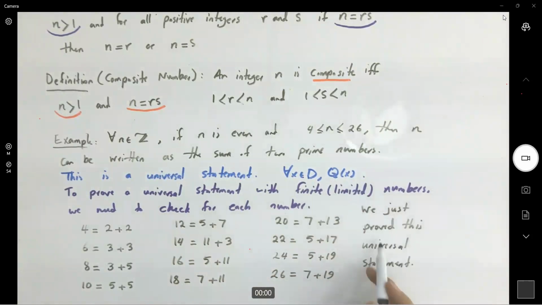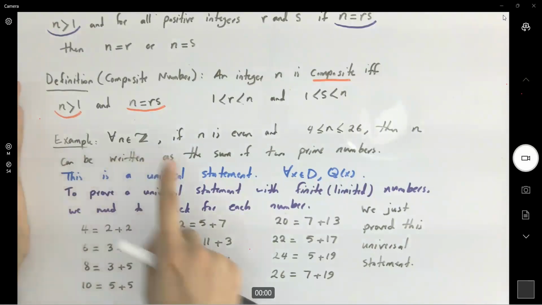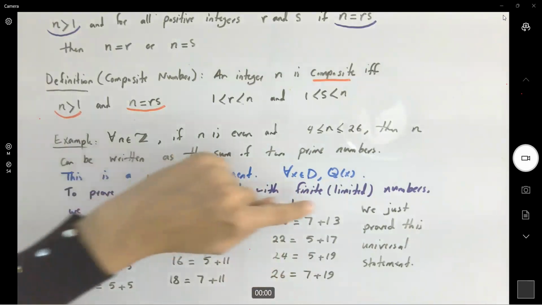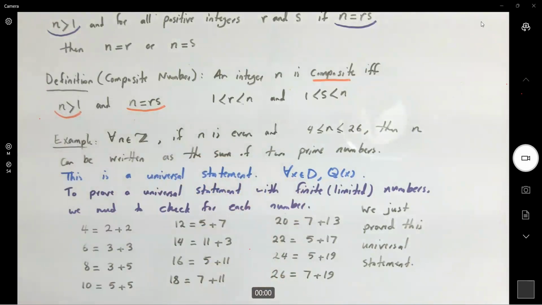You need to check for each number, for each element, versus the previous examples that we had for existential statements. Existential statements only need one example, but for universal statements, you need to check for each number if you have limited or finite numbers in your collection.